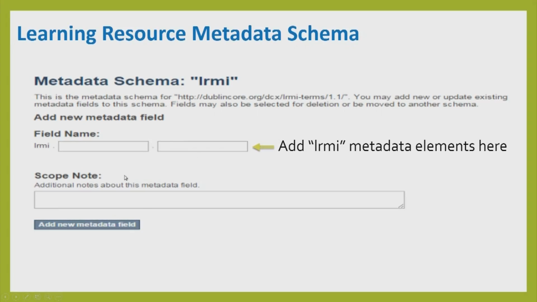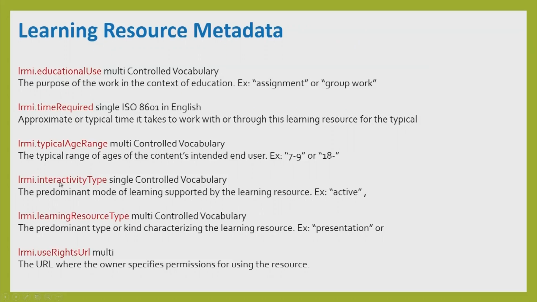Then I can mention the scope, for what purpose the metadata element is used. I will discuss a few learning resource metadata elements like LRMI educational use, time required, typical age range, interactive type, learning resource type, use rights URL and so on. It has many more.